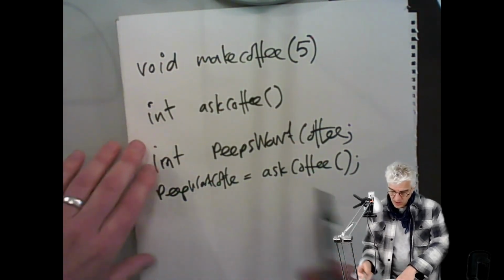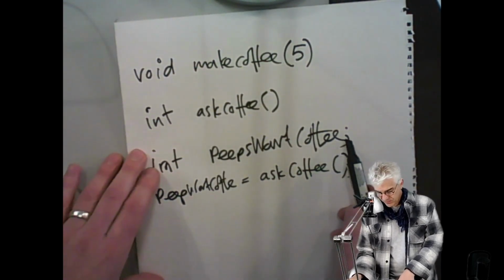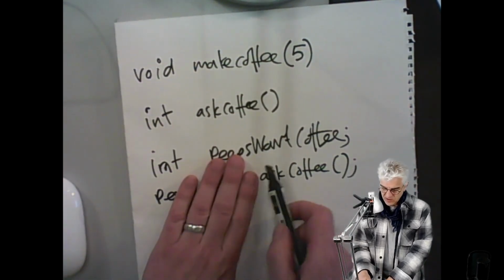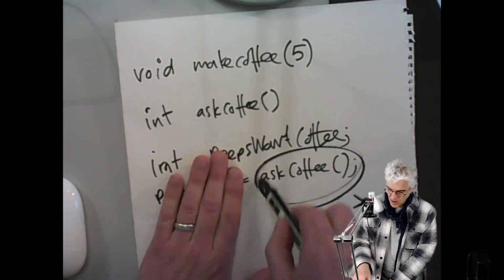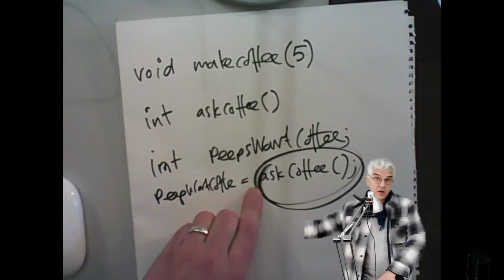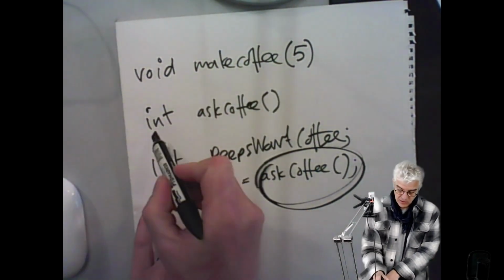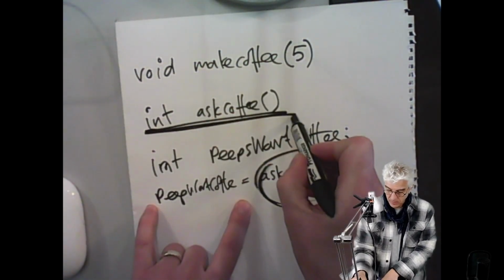So we could say, make an integer variable called people that want coffee, and then use this here, the ask coffee function that we've defined, to go off and ask people how much coffee they want, and it will return us an integer. And this is the model for it here.